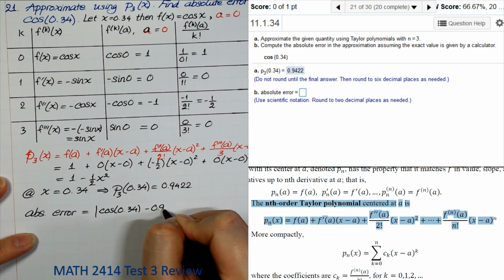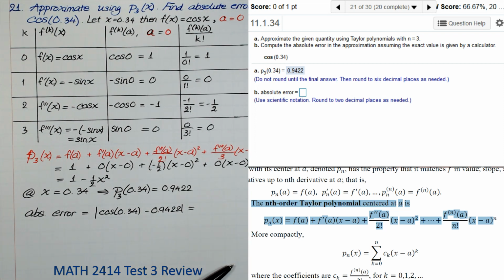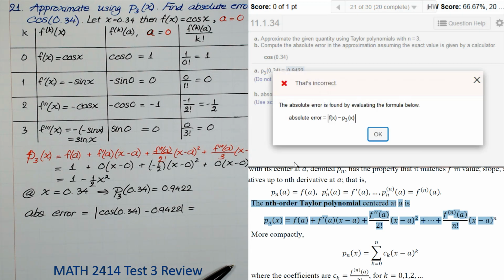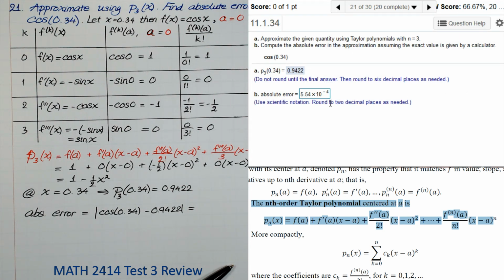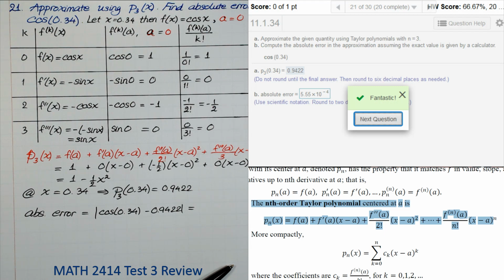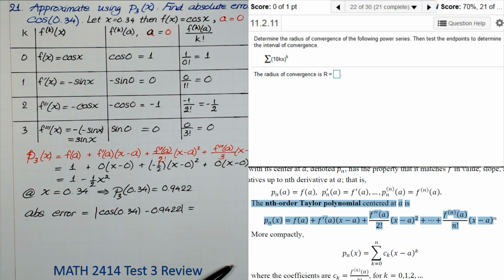The actual values minus, right. 2 decimal places, 5.54 times 10 to the negative 4.